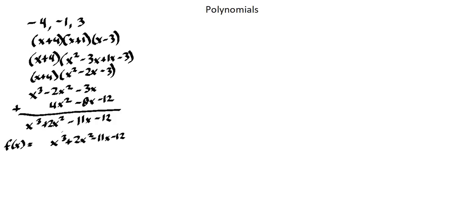Now we're going to do some additional work with this cubic function, but as a side note, if I'm asked to calculate all cubics with these 3 zeros, then I can simply take the entire function and multiply by some factor that I'll, in this case, call a.